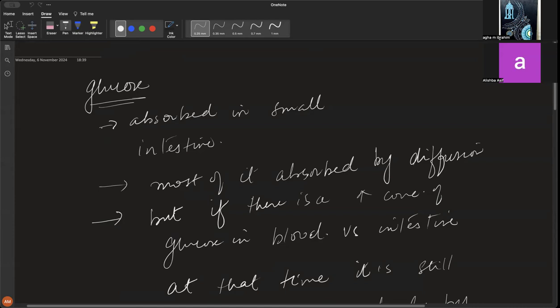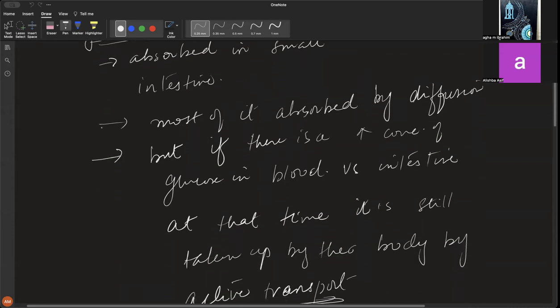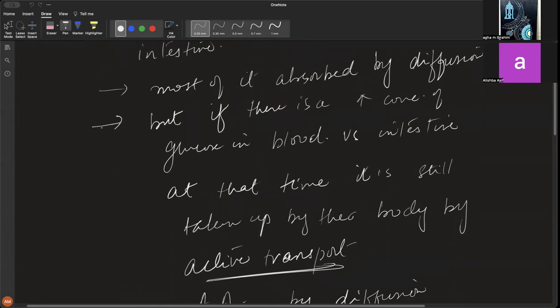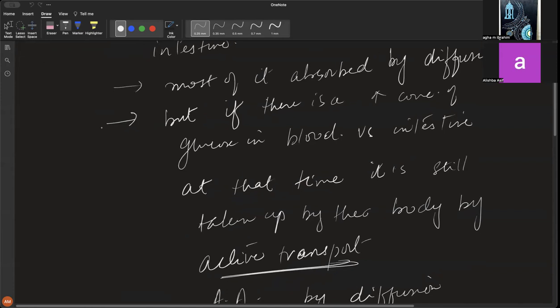But if there is a high concentration of glucose in the blood versus the intestine, at that time it is still taken up by the body by active transport. What does that mean? Generally, all the glucose being absorbed in the body is through diffusion. This is the villus, right?